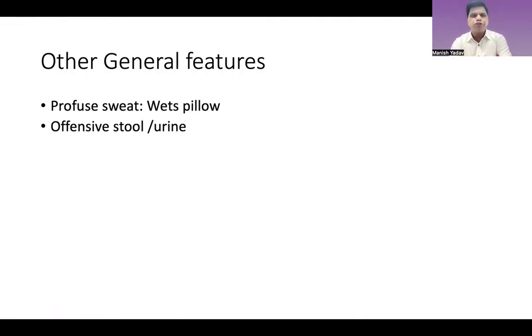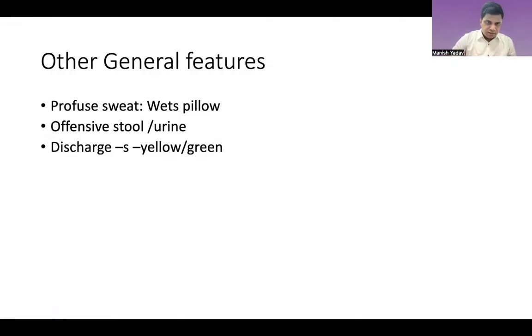Her stool is so offensive. We can't stand it. Urine is very offensive. This offensiveness is a very important symptom of Medorrhinum. Calcarea phos and Sanicula, maybe Sanicula, but Calcarea phos and other remedies, it is not that much there. So discharge is offensive. Psychotic remedy. So when you talk about discharges like coryza or expectoration, generally not whitish, yellowish or greenish.